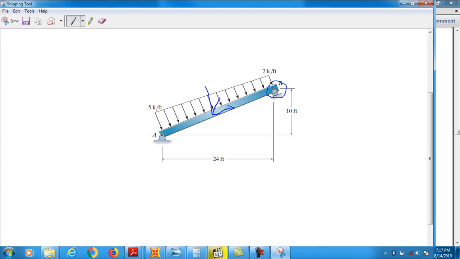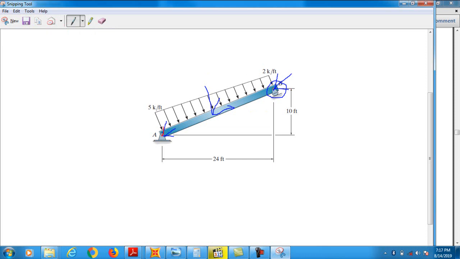Okay, so basically this is the local axis for this beam, and similarly for this joint you will see that there will be their local axis, and similarly for this joint there will be their local axis. Clear? So you must know about the local axis, you must know about the global axis. Okay, and the global axis is basically constant, and it will be shown at this joint, or at the middle of the beam.